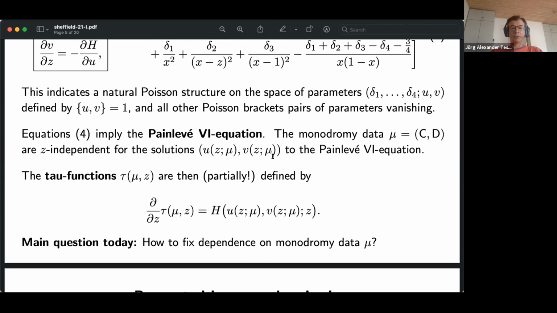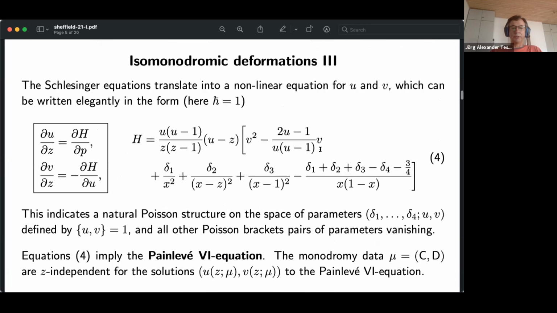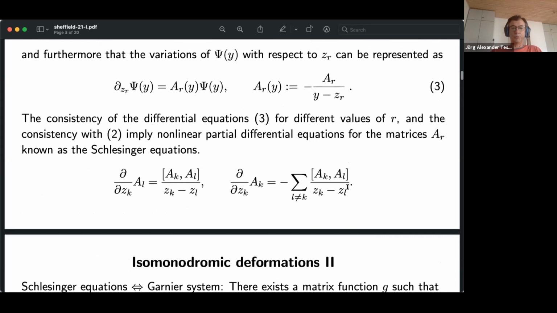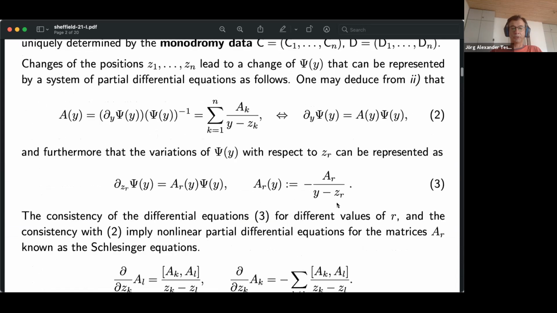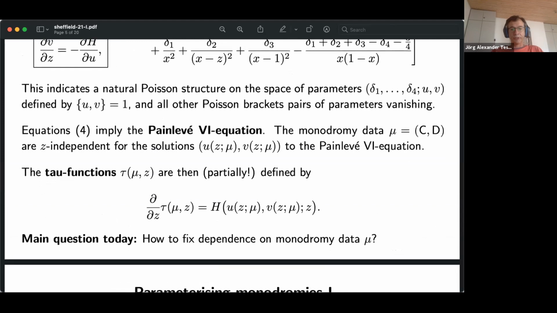Different solutions are distinguished by the monodromy data, which we can either represent through these matrices C and D, specifying the singular behavior at the singularities, or by the combinations, I will come to this in a moment, these combinations MR, which really represent the monodromies around punctures. There's a redundancy in this representation, but we will eliminate it in a second.